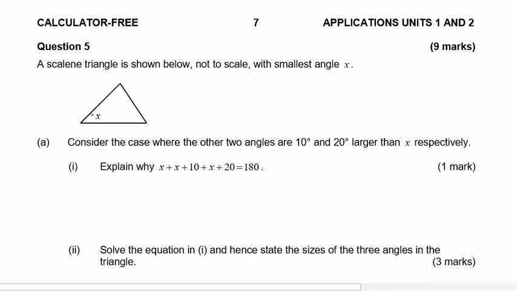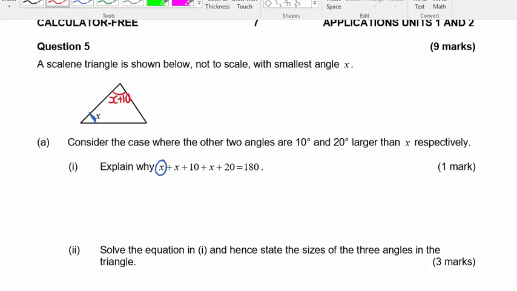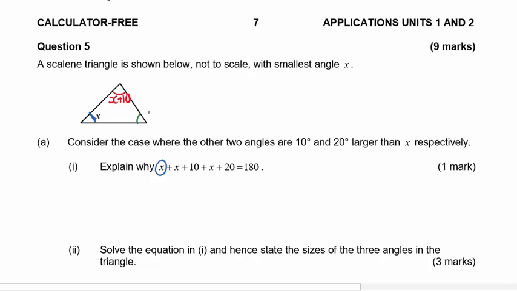Alright, so if we've got x here, that's our first x. We then have that the other two angles have to be x plus 10, and the third is x plus 20.